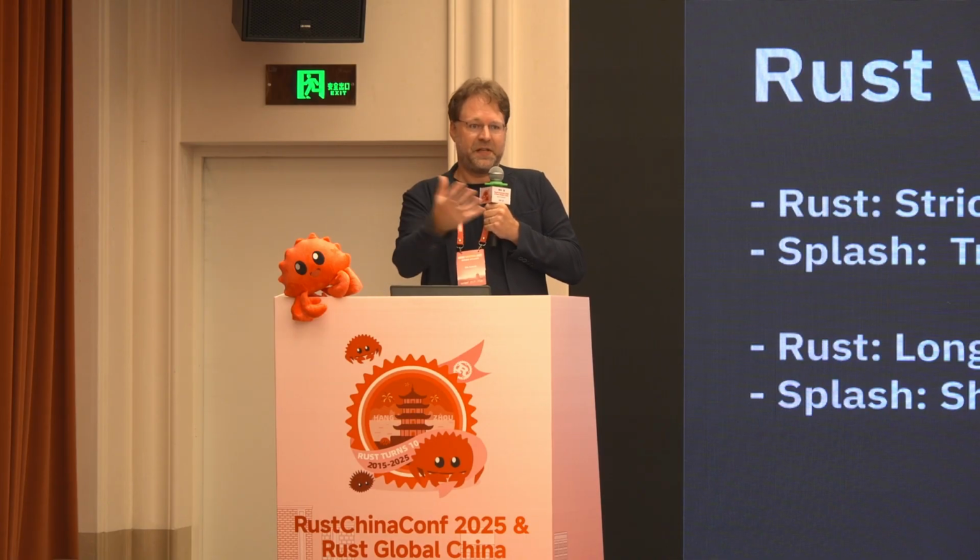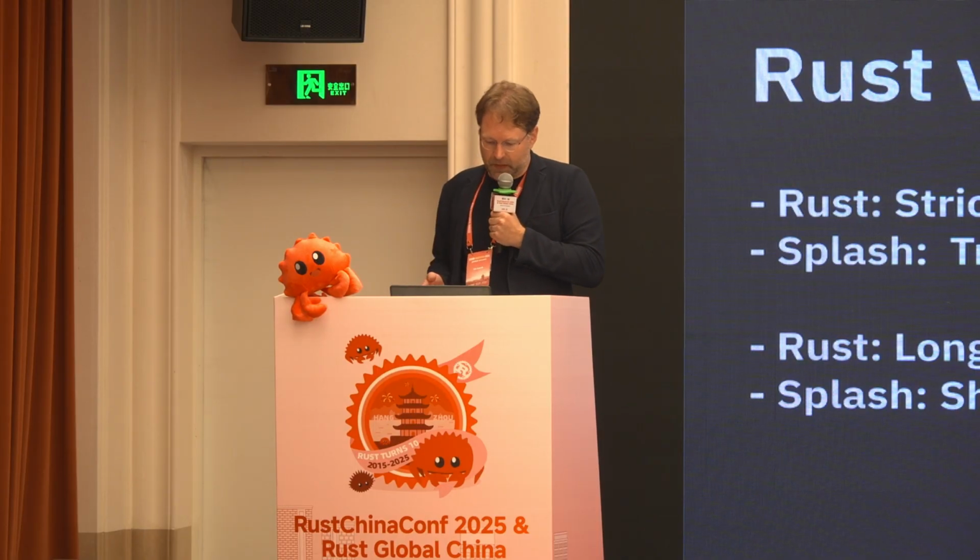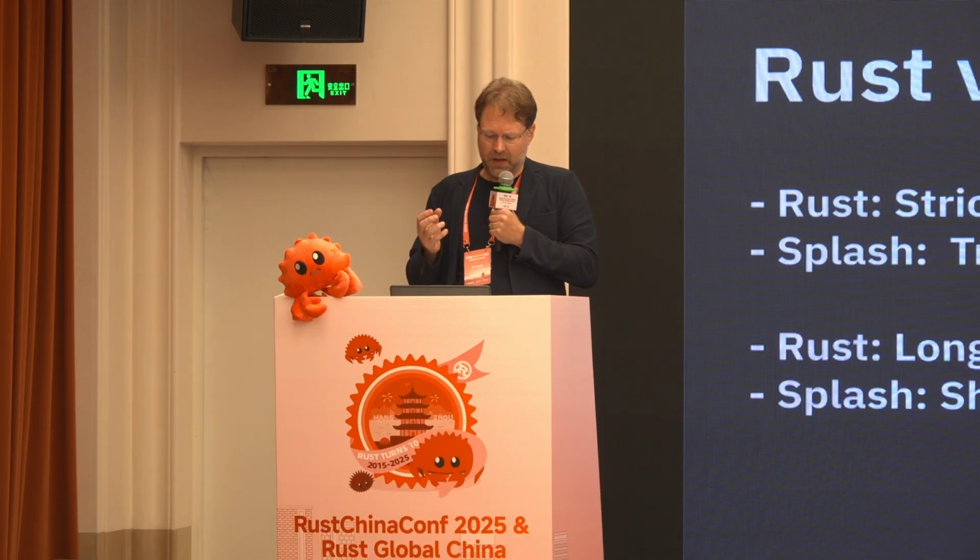By the way, this is all just an enormous set of ideas that I'm trying to put into this new language. This language has not been implemented yet, but I'm first ideating how this would look. So Rust is long running, right? It's the host of this virtual machine. So it needs to be stable, it needs to not crash, all that kind of stuff. But for a Splash application, it could be ephemeral.